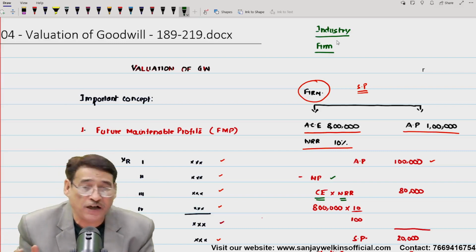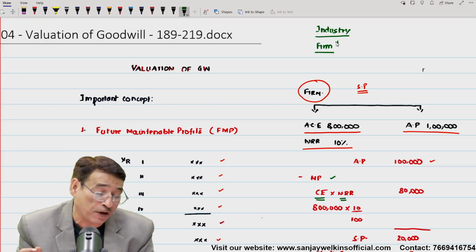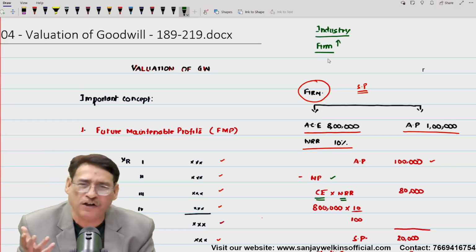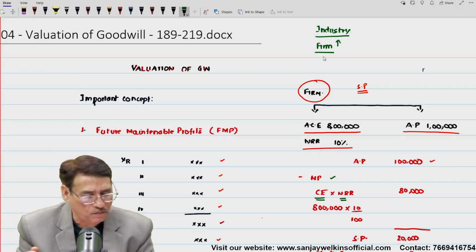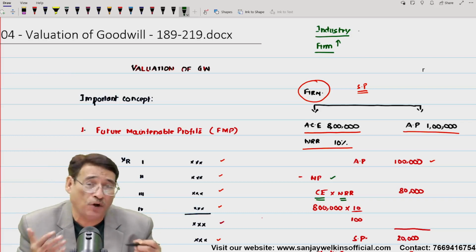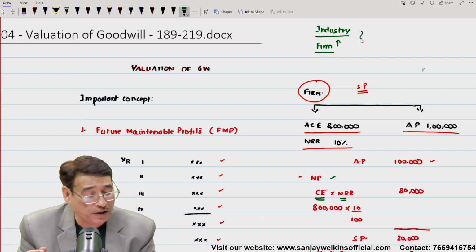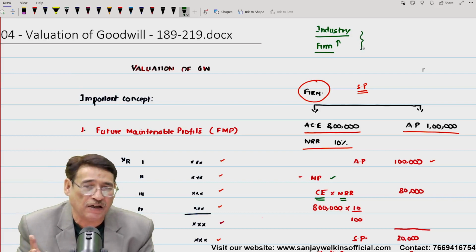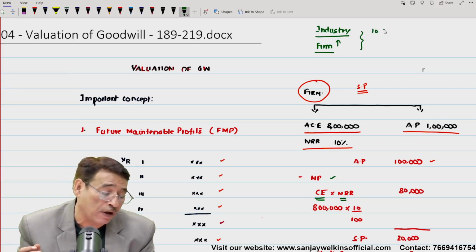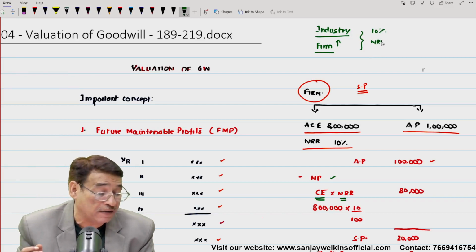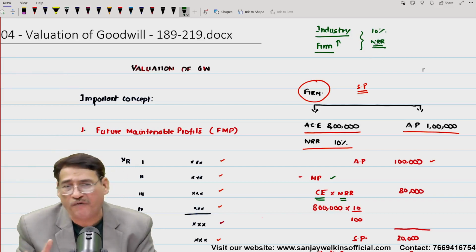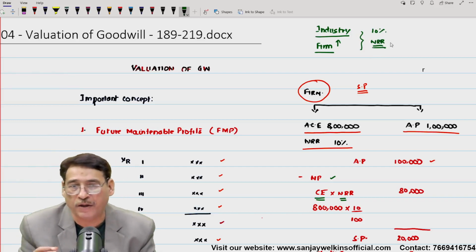We presume that our firm belongs to computer industry, presuming that we deal in computers, correct? So when we say normal rate of return basically means industry rate of return. Normal rate of return basically signifies industry rate of return. And if I say normal rate of return is 10%, what does it mean?